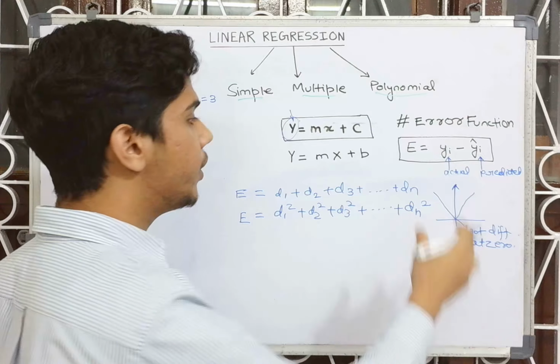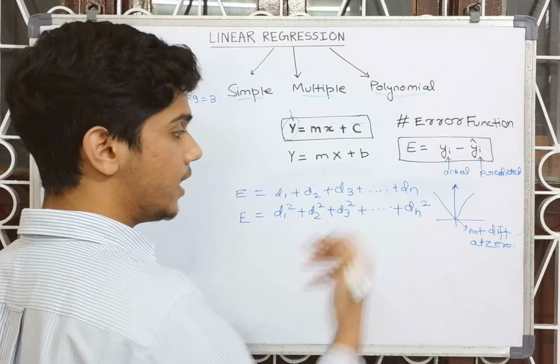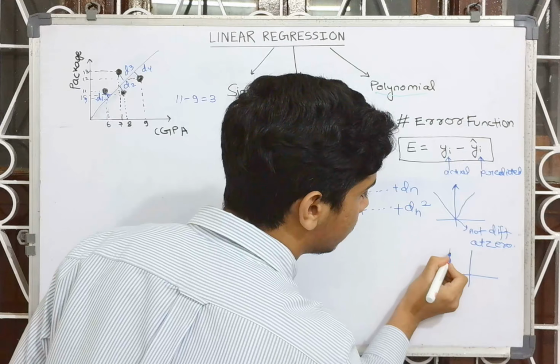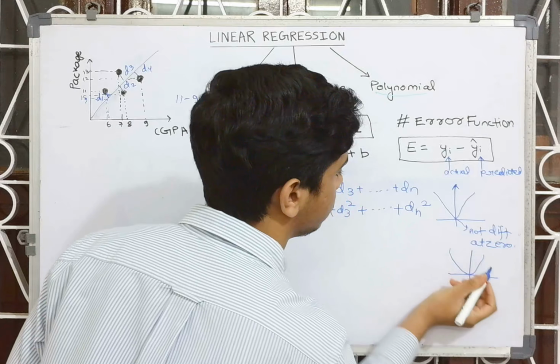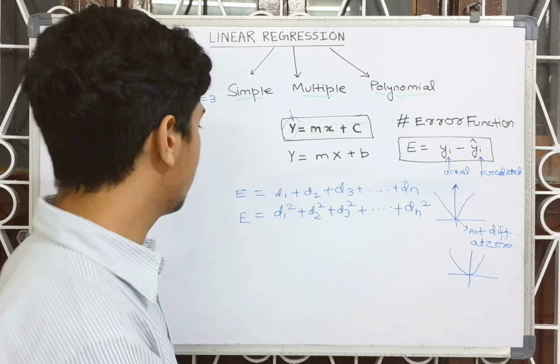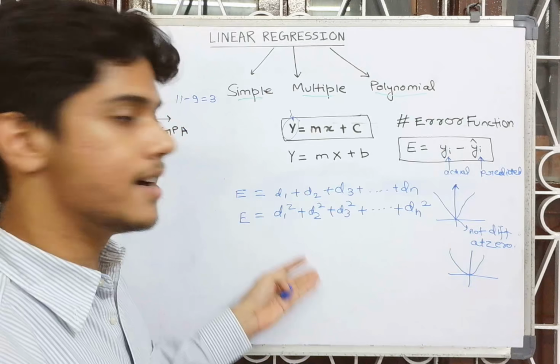But if we take the square of these errors, D1, D2, D3, Dn, then the error function will look like this, which will be differentiable at 0. Therefore, that's why we take the square and not the modulus.